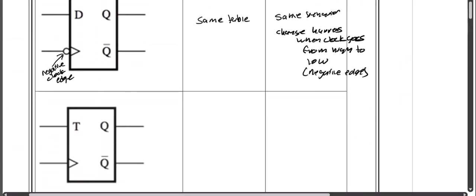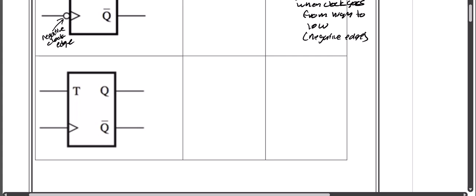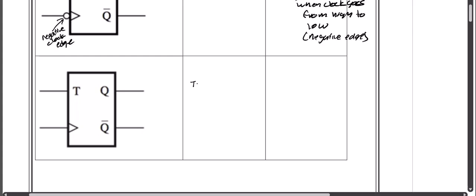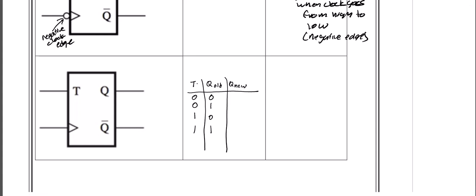Okay, so now let's talk about the T flip-flop. For the T flip-flop, the value that Q had before is going to be important when T is 1.